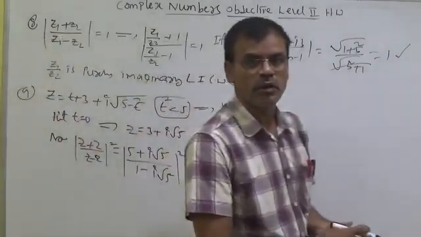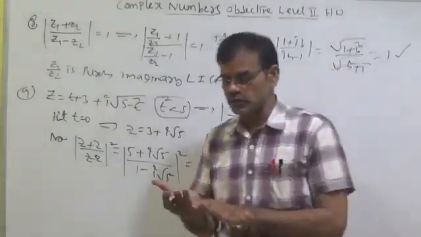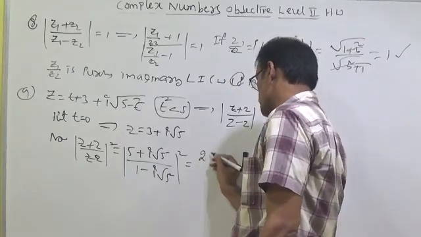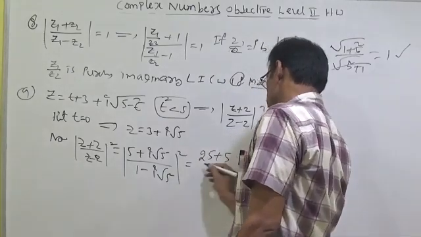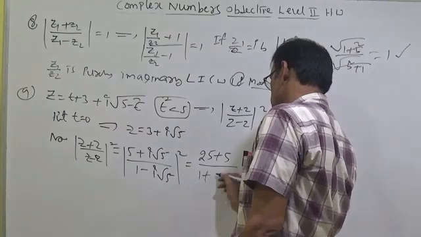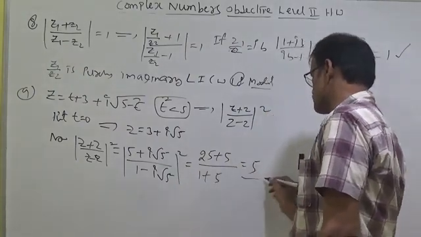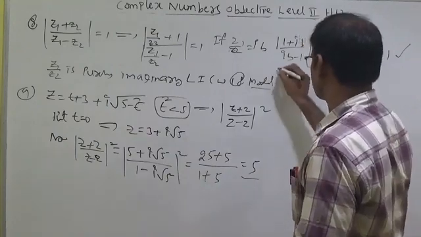Modulus meaning root of component square plus component square. If square is there, don't write root there. So write here as (25 plus 5) by (1 plus 5). 25 plus 5 becomes 30, 30 by 6 becomes 5. So 5 is the answer.